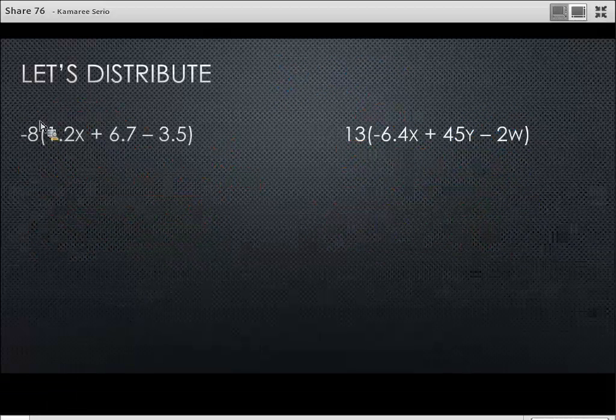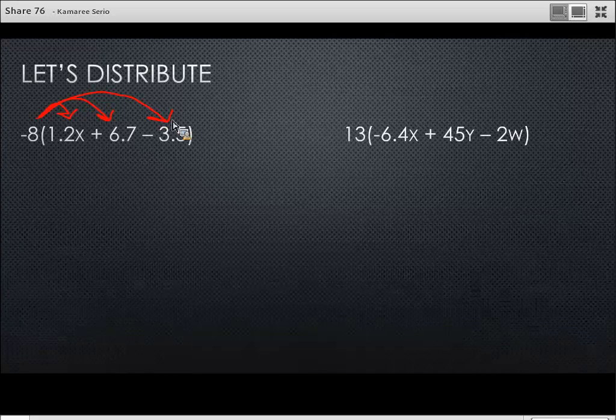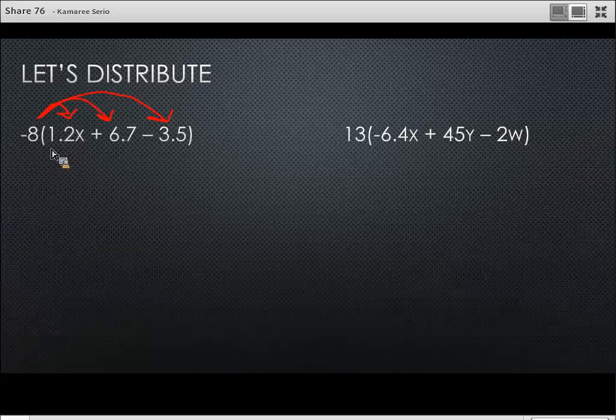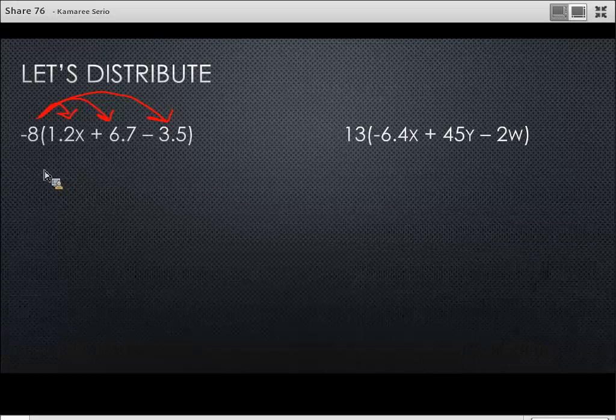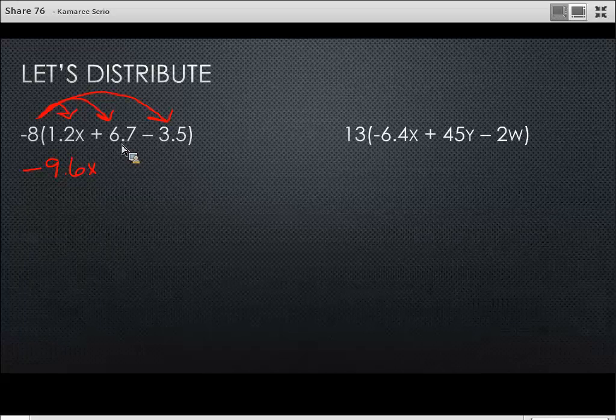Let's try some more. For these ones, I want to use a calculator because I'm dealing with decimals. So let me grab mine really quick. I have negative 8 times 1.2. So negative 8 times 1.2, I get negative 9.6x. Now I'm going to do the second one. I have negative 8 times 6.7.